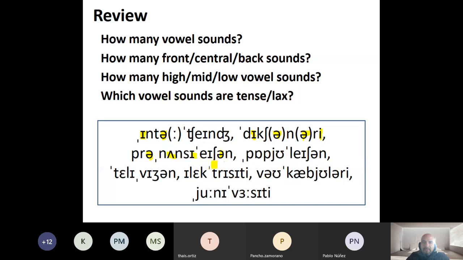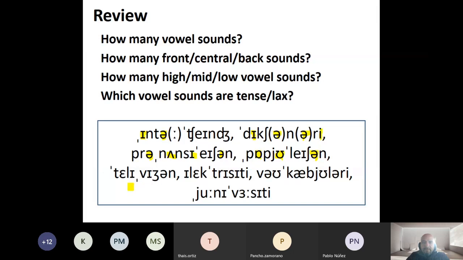This one is a diphthong, right? And the word population, we have three monophthongs. Okay, three monophthongs, because this is a diphthong.